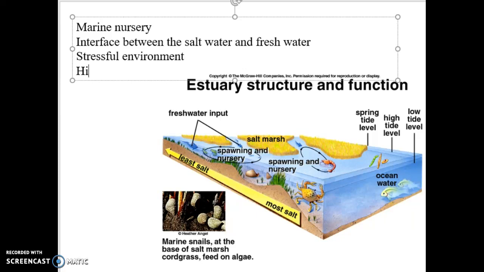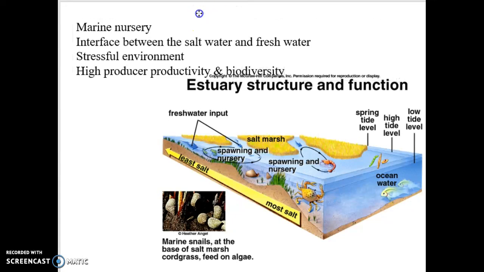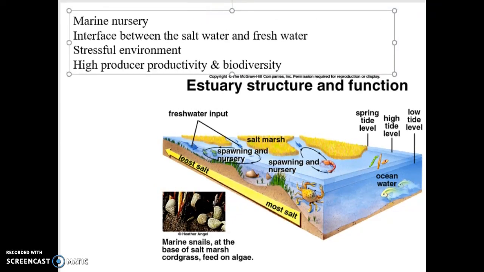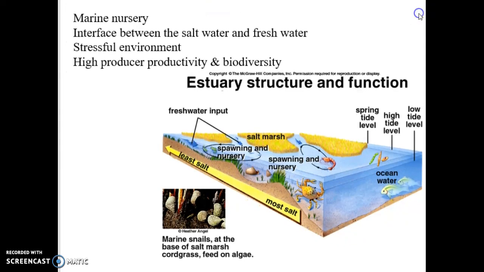This has an incredibly high productivity and biodiversity. It's estimated about 75% of the fish you will see in the ocean were born in the estuary. This is our nursery.